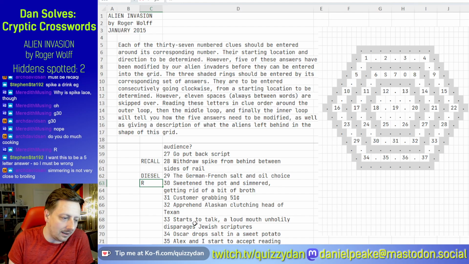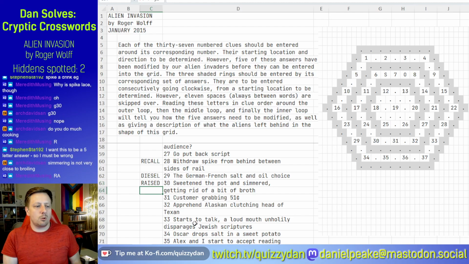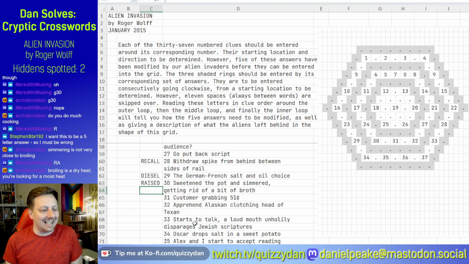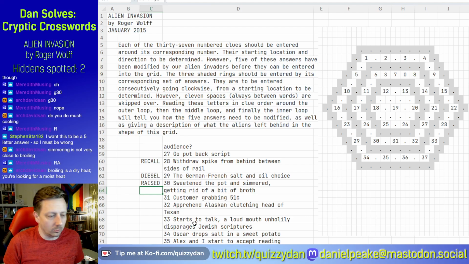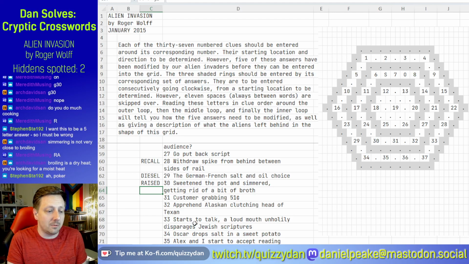Second letter, please. I meant R was the first letter. Braised. So raised. Why is sweetening... Oh, different poker term. So it isn't anted. It's more than called. It's raised. There we go. So braised, which is simmered, minus B for a bit of broth.